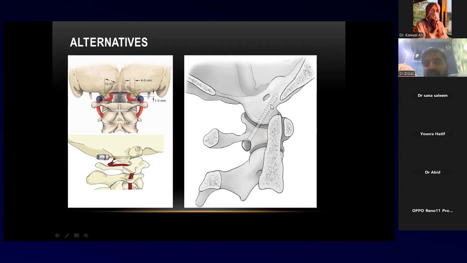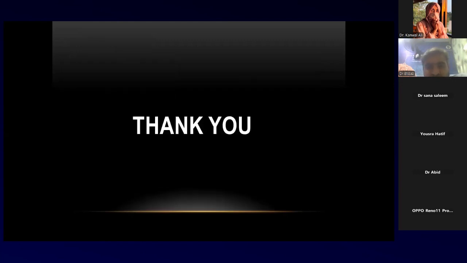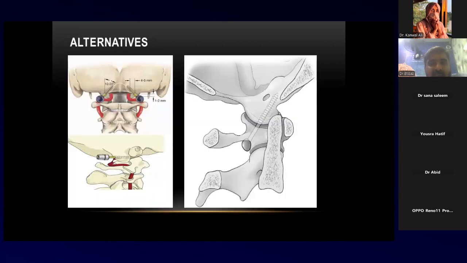If it is at the half of the condyle, that is enough. You can put that screw. So there are two techniques. This is all about occipitocervical fusion techniques for occipitocervical dislocation management.